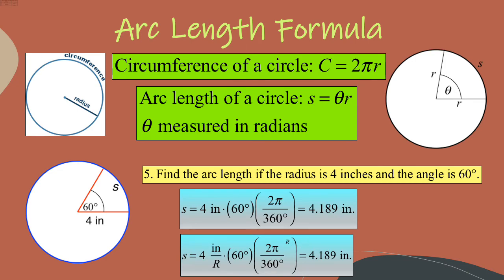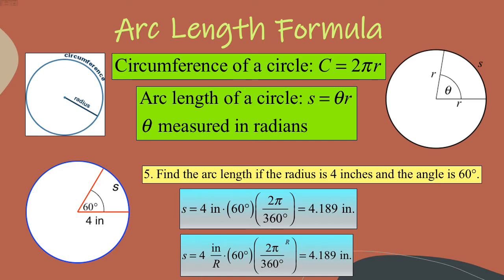Note that in this calculation that we just performed, the degrees canceled out and the only units left were inches. However, technically, since the angle is measured in radians, we would then say that the angle would be 2 pi over 360 degrees radians. Technically, though, r is not measured in inches, but inches per radian.